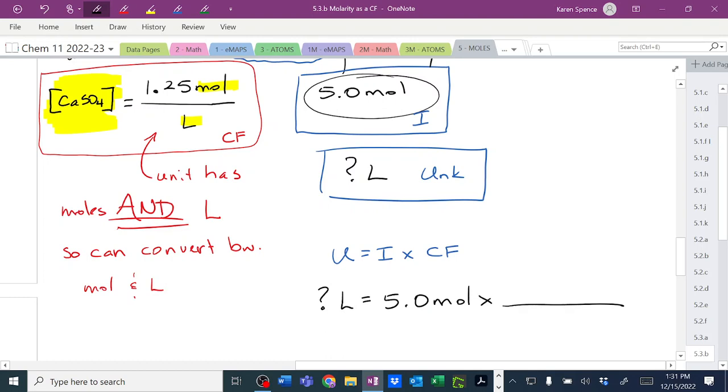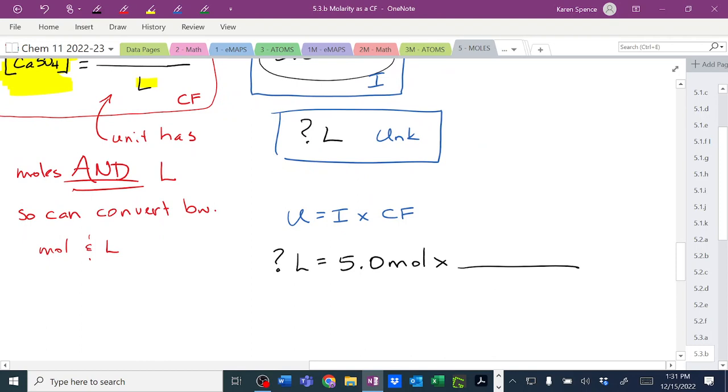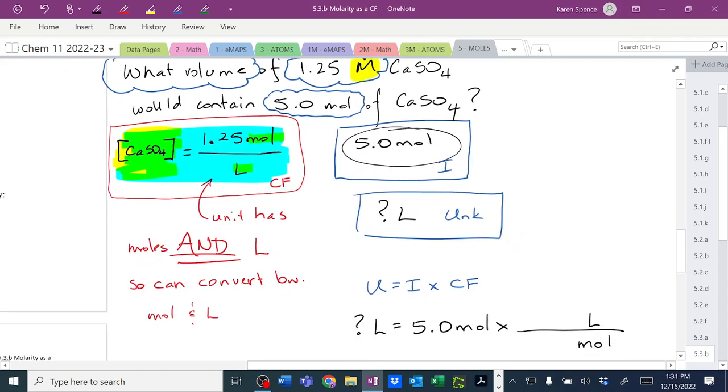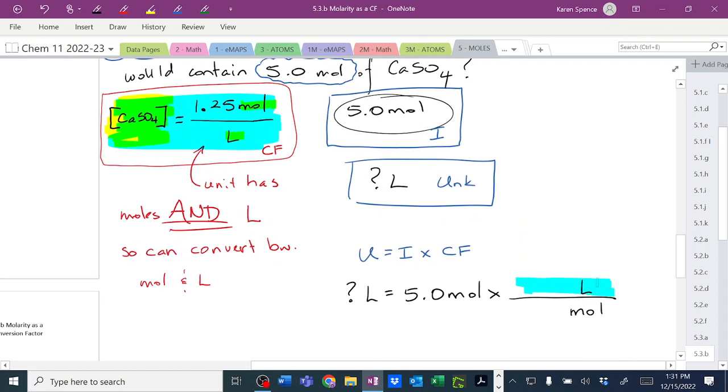times, and what do I want to cancel here? Moles, and I want to find the liters. So when I take my conversion factor, what am I going to write on the top and what am I going to write on the bottom?